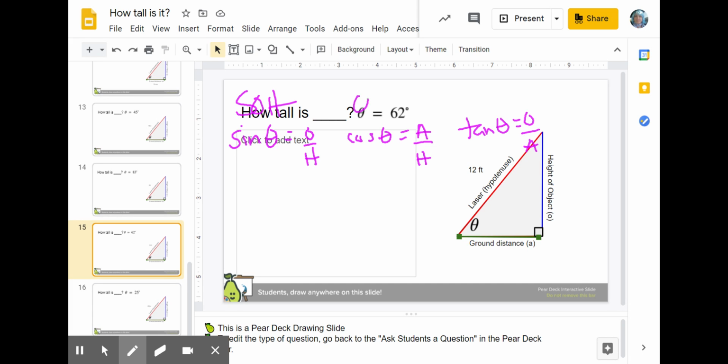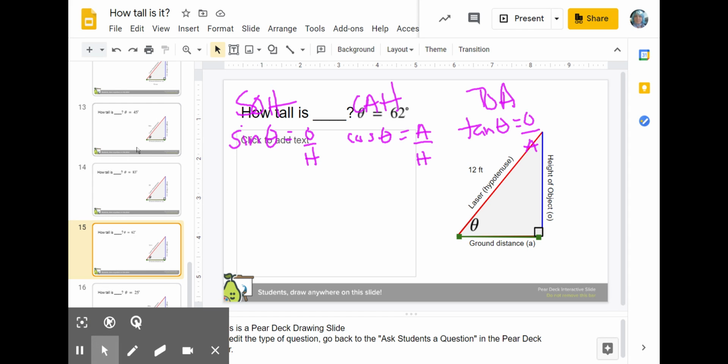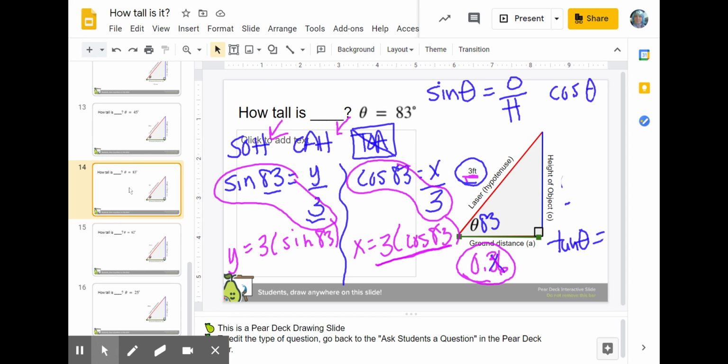So, SOH CAH TOA. The adjacent side was 0.36.